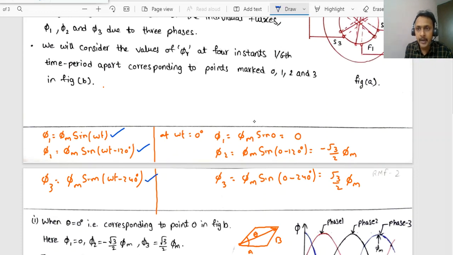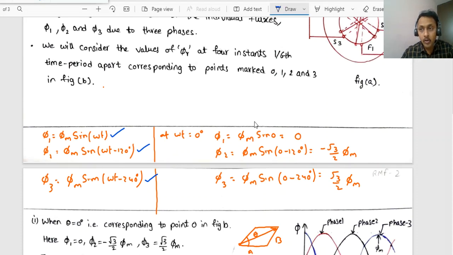So these mathematical equations themselves represent that the fluxes are displaced by 120 degrees from each other. That means the angle difference between phi 1 and phi 2 is 120, similarly between phi 2 and phi 3 it is 120, and between phi 3 and phi 1 also it is 120 degrees.